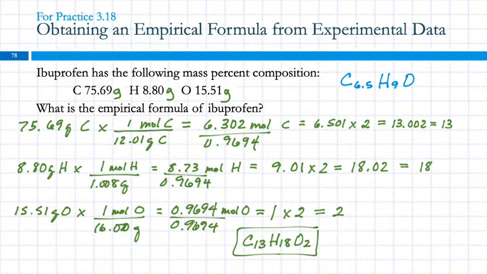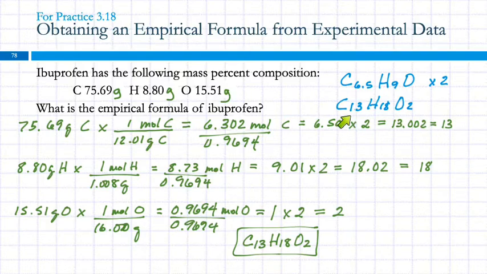And so this is the correct ratio, but they aren't whole numbers. So I multiplied all the subscripts by 2, and then I get C13H18O2. That's the smallest whole number ratio.